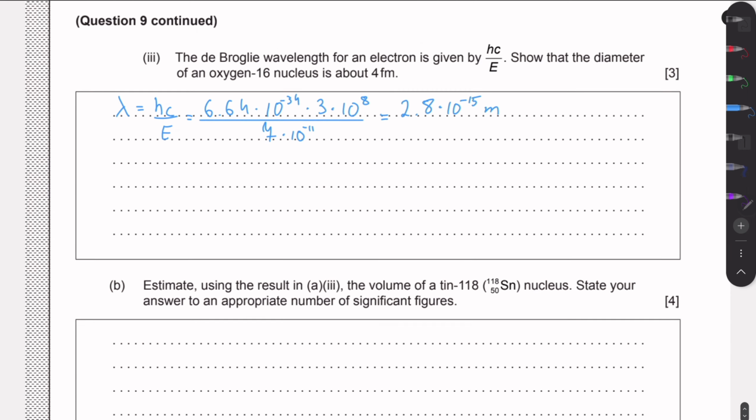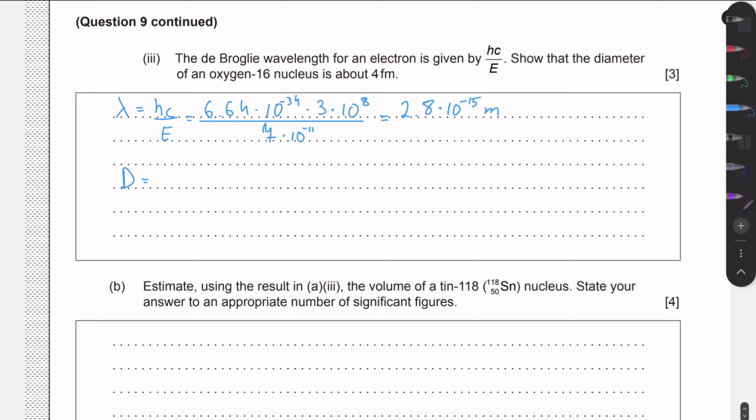So we can rearrange for the diameter, and that will just be lambda divided by the sine of this minimum angle. So 2.8 divided by sine 46. This will give 3.9 times 10 to the minus 15 meters.